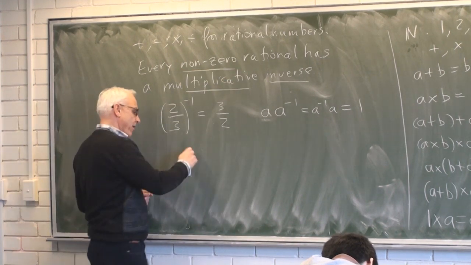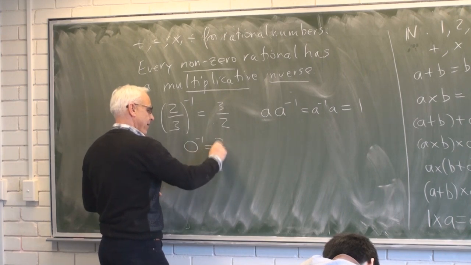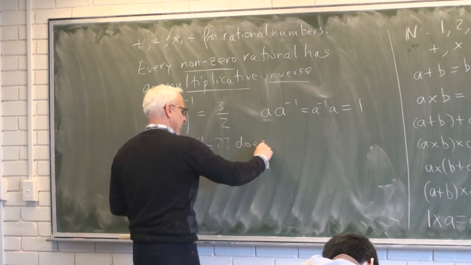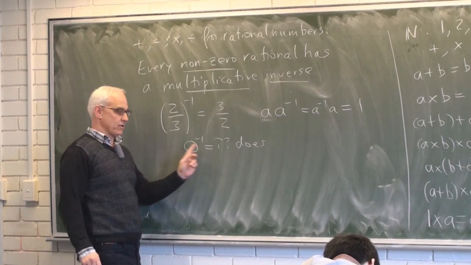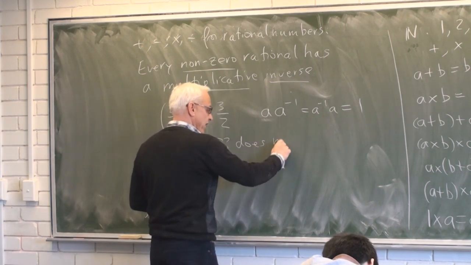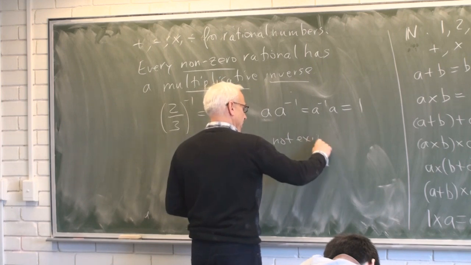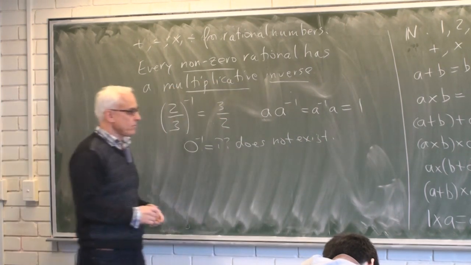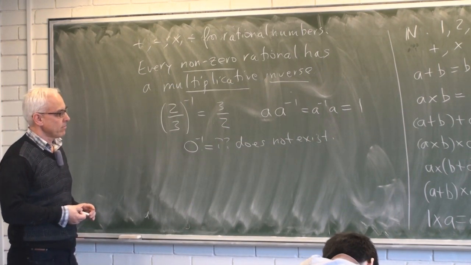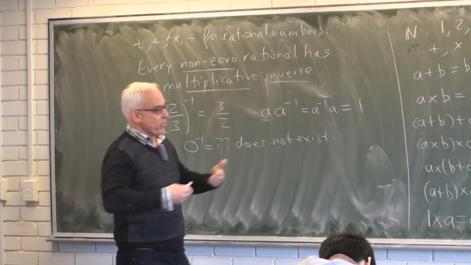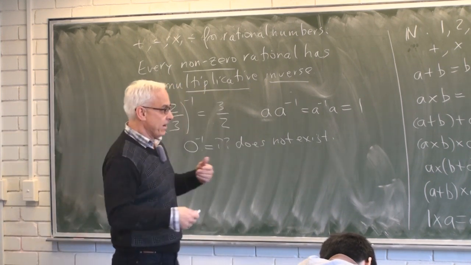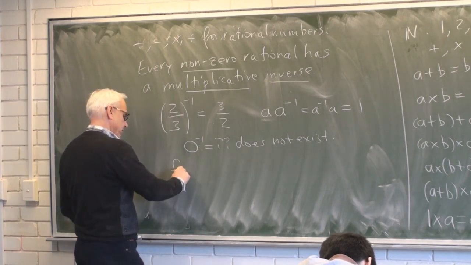There is no number so that when you multiply it with 0, you get 1. So 0 inverse does, of course, not exist. Okay, so that's sort of the main new property that we add to a ring to make a field.